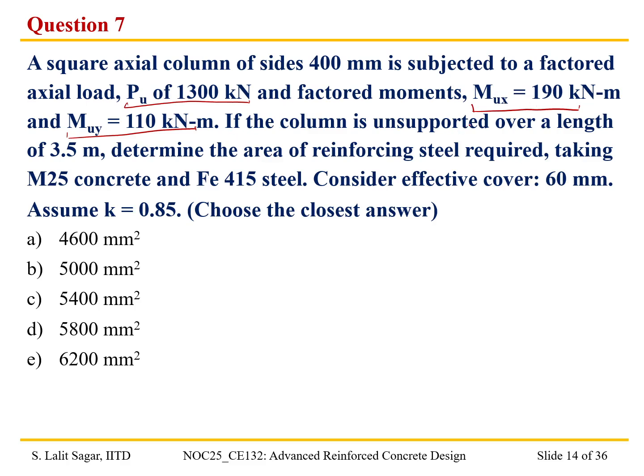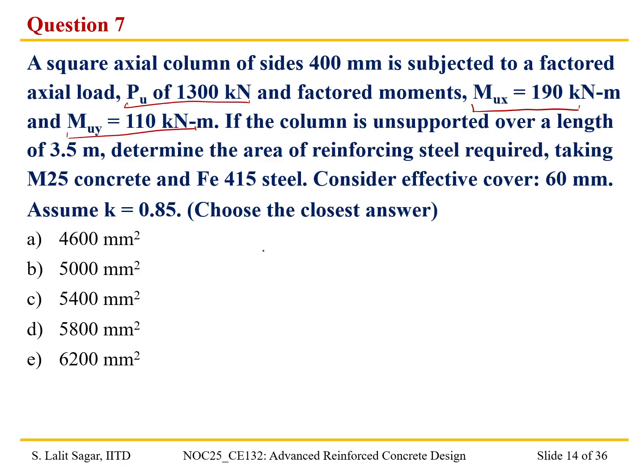If the column is unsupported over a length of 3.5 meter, determine the area of the reinforcing steel required, taking M25 concrete and Fe415 steel. Consider the effective cover as 60 millimeter and assume the K factor corresponding to the effective length of the column as 0.85. I'll draw the cross section and we can start solving the problem now.